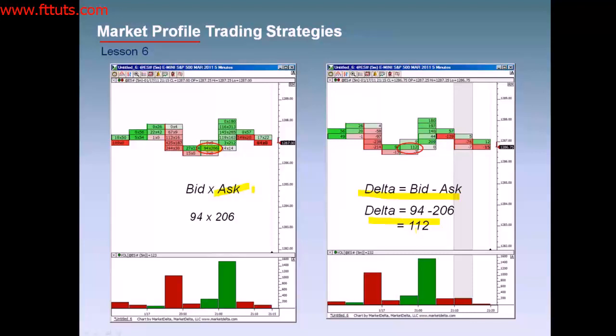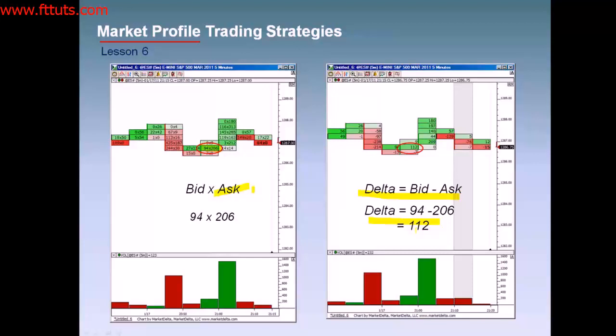Again, let me review one of the very early concepts that we discussed to make sure that you remember it and are comfortable with it. In the auction market, if transactions are taking place more at the bid, this is indicative of a more aggressive seller. If more transactions are taking place at the ask, this is indicative of a more aggressive buyer.